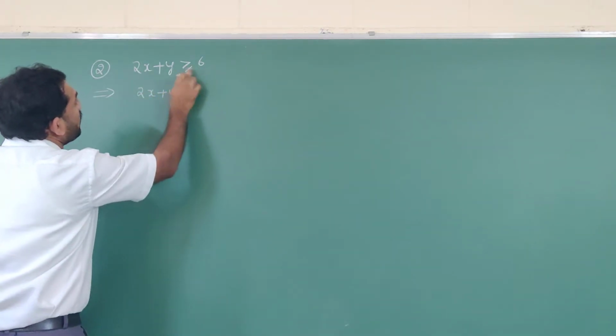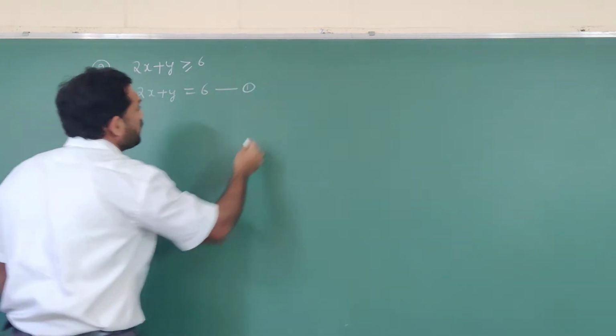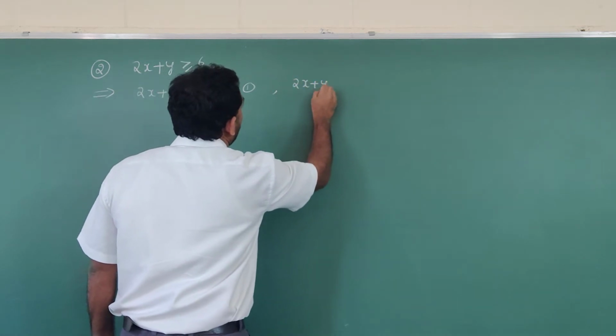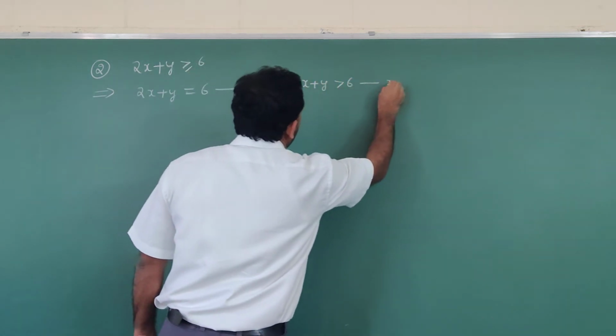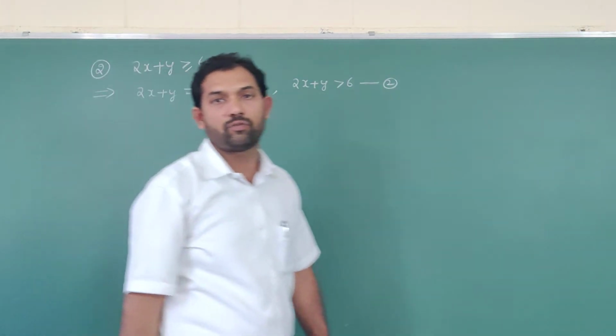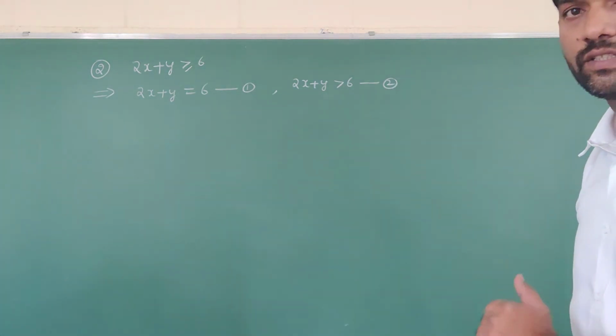So 2x plus y equal to 6 is equation number 1. Another one, 2x plus y greater than 6, is equation number 2. Like that you have to separate it first.